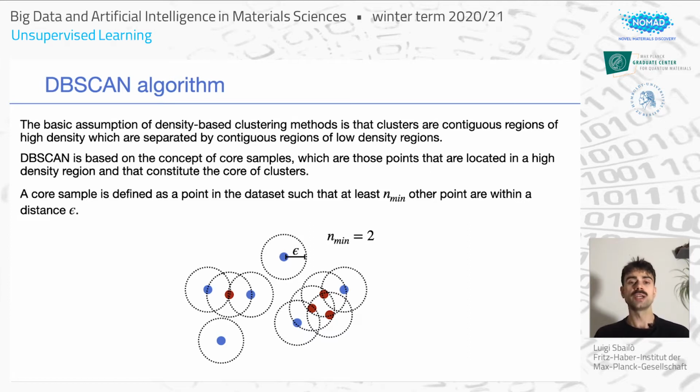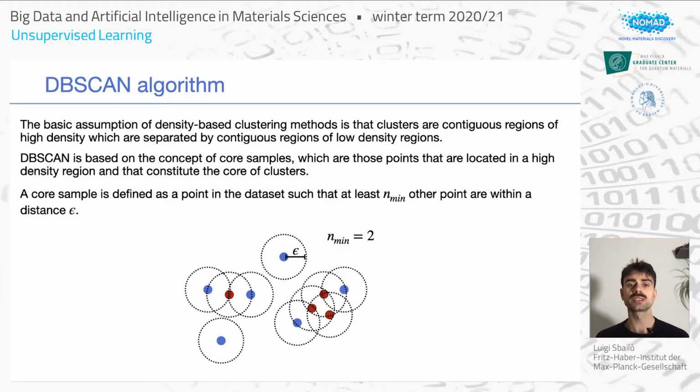As you can see on the screen, we have drawn some spheres, or circles, considering that we are in two dimensions, around our points, with radius epsilon.